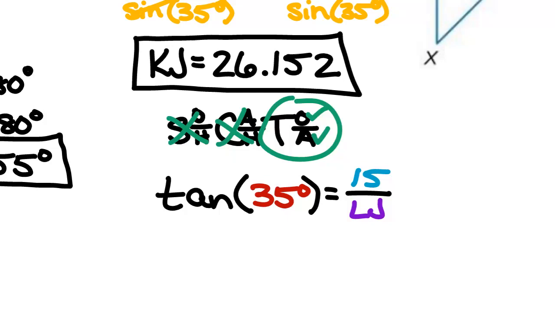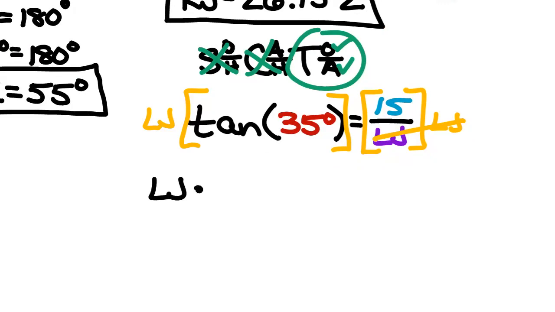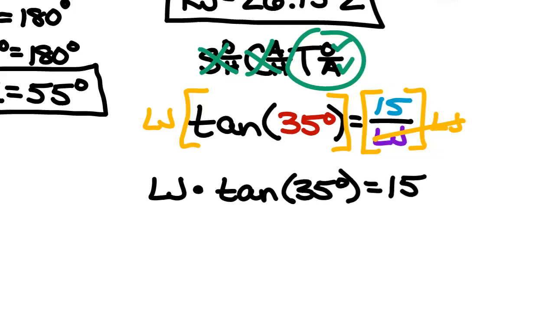No, this is all for part A. Solving that triangle, you have to find 3 things. To solve the triangle means you find all the missing sides and all the missing angles. So we're going to multiply both sides by the denominator, which is our unknown LJ, or you can call it Y. Then I have LJ times the tangent of 35 degrees equals 15.